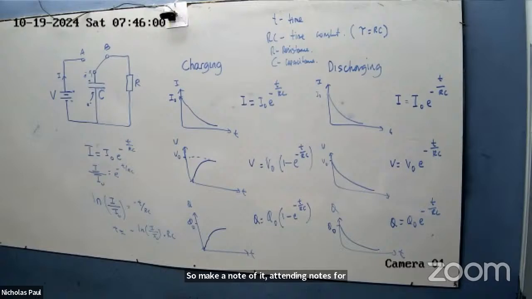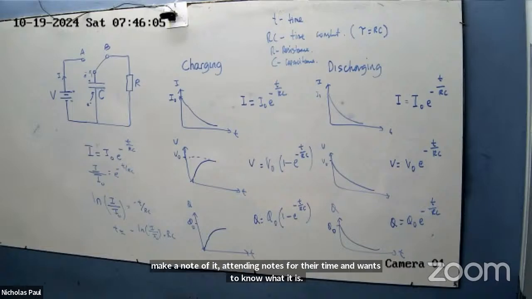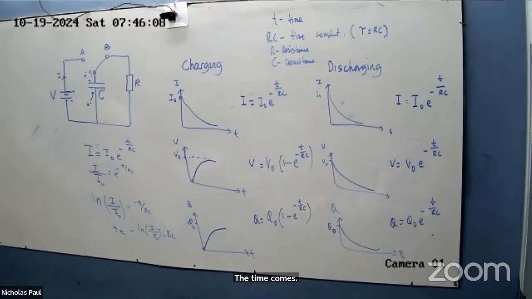The time constant is the time taken to go to 1 on E of the original value. So, 1 on E of the original value.